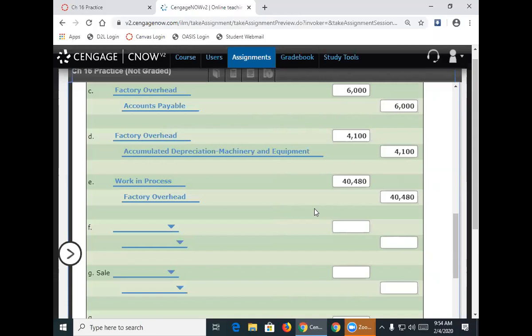Our goal is for factory overhead to be 0. So I need to add up all my actual overhead. What would that be? Correct my math if I'm wrong here. 39,260.